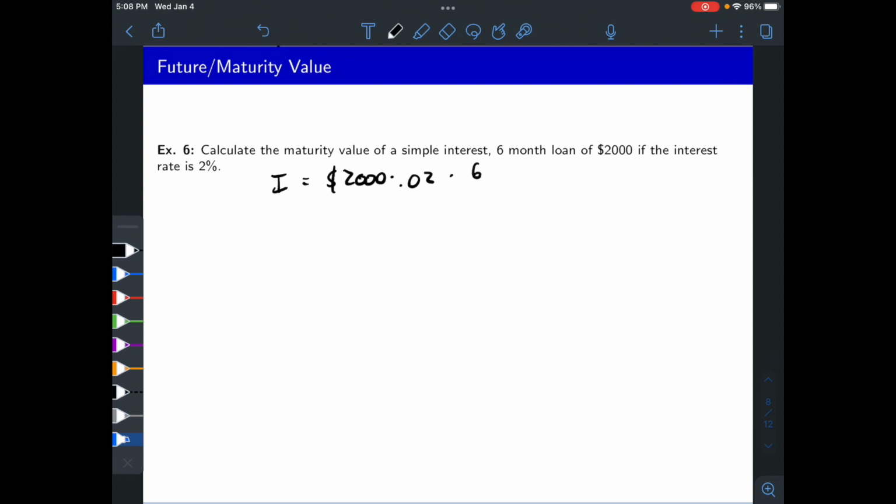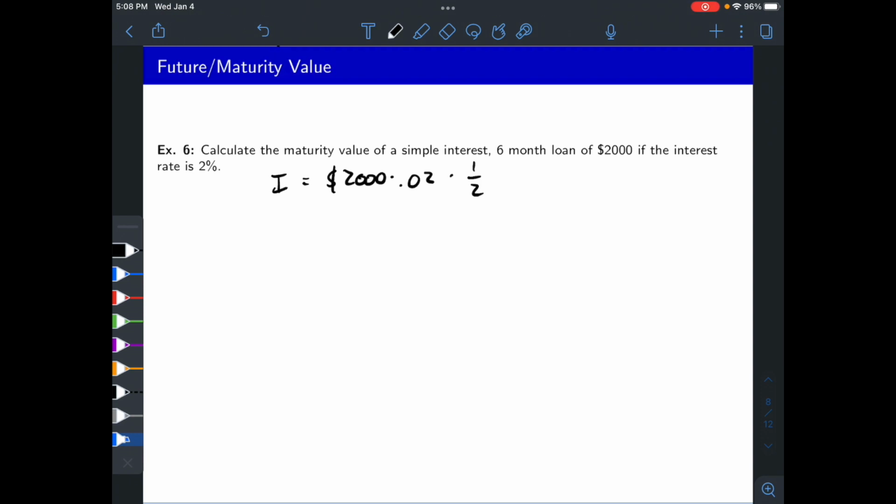We want to multiply by how many years. Well, 6 months is how many years? There are 12 months in a year, so 6 over 12 is how many years we have, which you could just write as a half. So 6 months is equal to half a year. So our time frame is half a year.